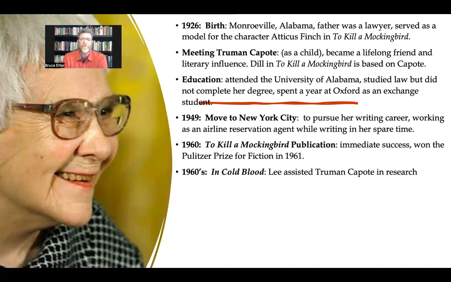One of the other interesting things that Harper Lee did was she helped her friend Truman Capote do the research for his very famous novel In Cold Blood, which is a novel. It is a fictional account, but it was based on a 1959 massacre of a family of four in a small farming town in Kansas.